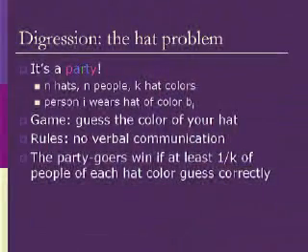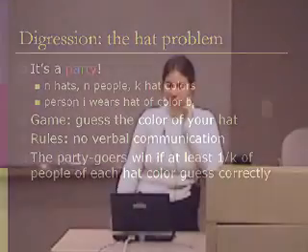You can't see the color of your own hat, it's on your head. The game is that you want to guess the color of your hat, even though you can't see it. And you can't ask people what the color of your hat is. That's cheating. So the partygoers win the game if collectively at least 1 over k of the people with each hat color correctly determine their hat color.